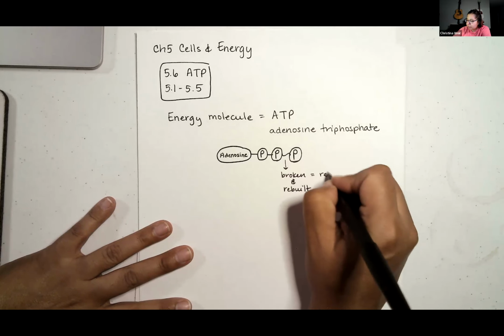When you have an ATP molecule and you break it down, you form adenosine diphosphate plus what's called an inorganic phosphate. In other words, we separate this little bond right here, and what you have left is the ADP, and then that little phosphate by itself. Because the bond is broken, you release energy. If you want to reform the bond, then you take that energy and put it back in between those guys.